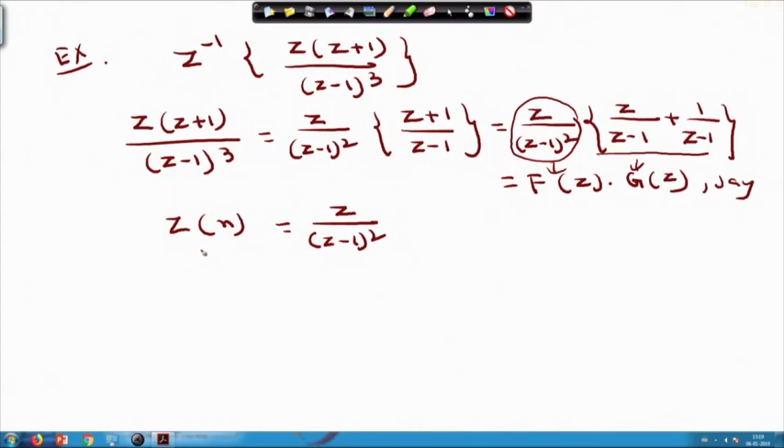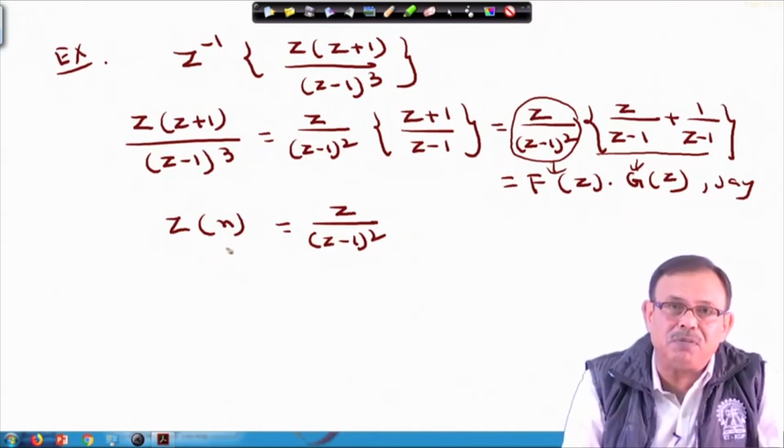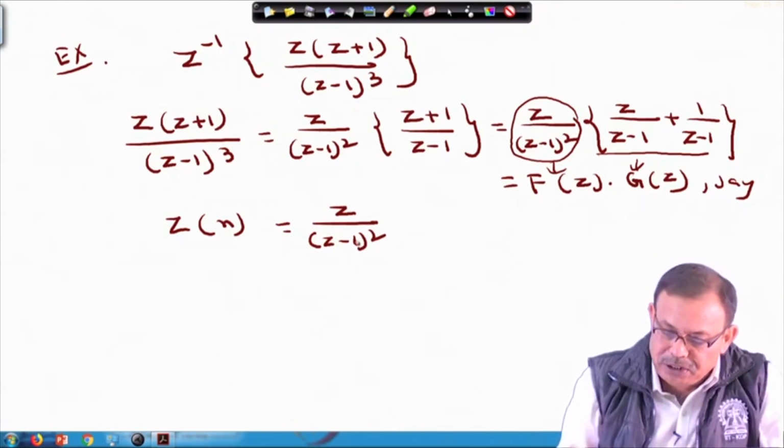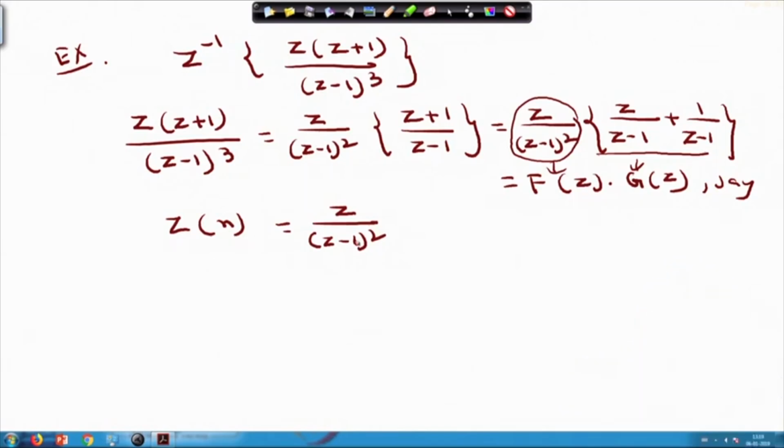Already we know these things, we have done earlier that Z transform of n is z by (z minus 1) whole square, and also Z transform of h of n plus h of n minus 1, where h is the Heaviside function.